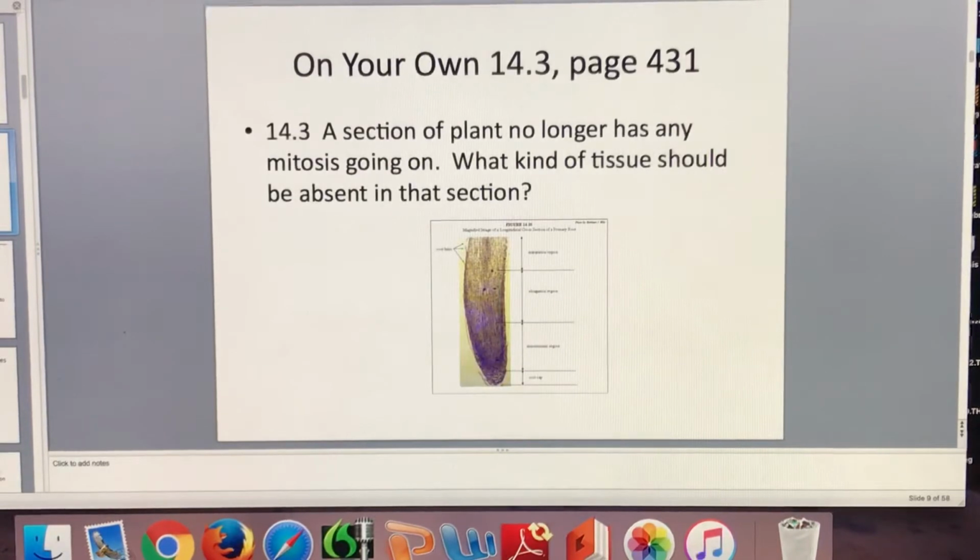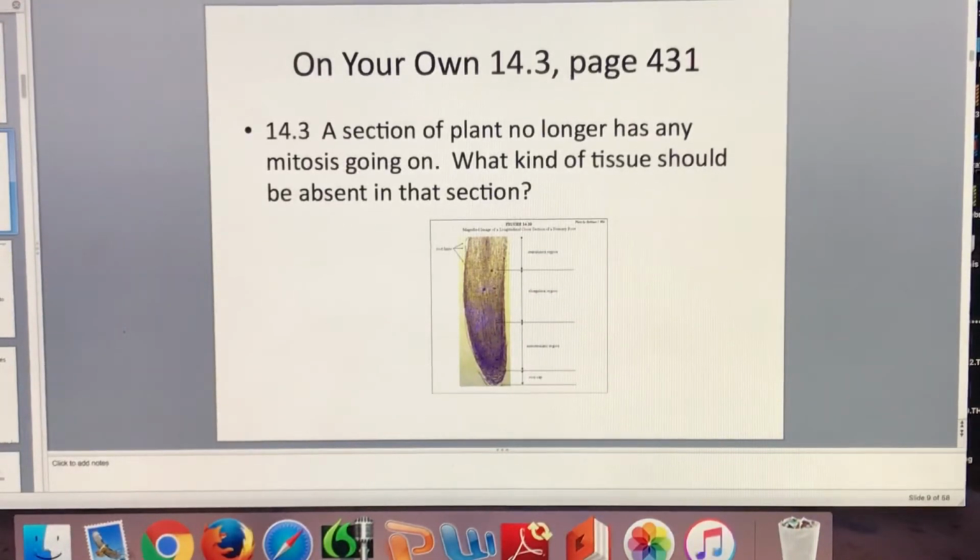All right, On Your Own 14.3, it says a section of plant no longer has any mitosis going on. What kind of tissues should be absent in that section? So, in that section it would be the meristematic tissue, because that's the area that has the most mitosis going on.